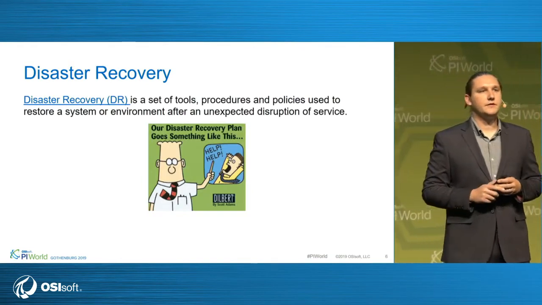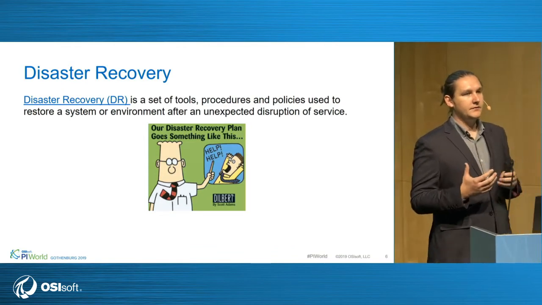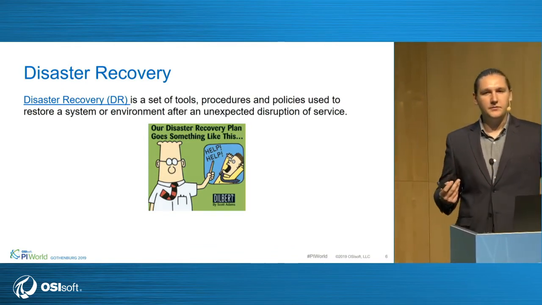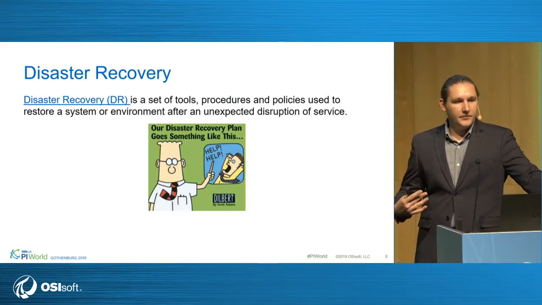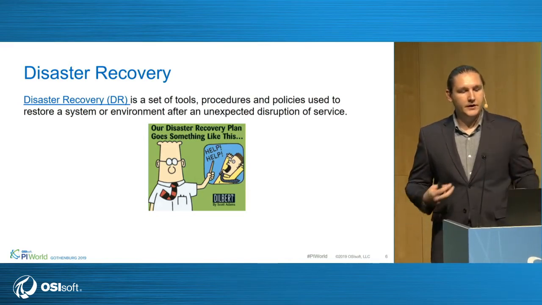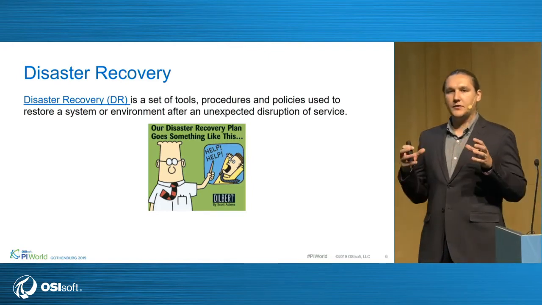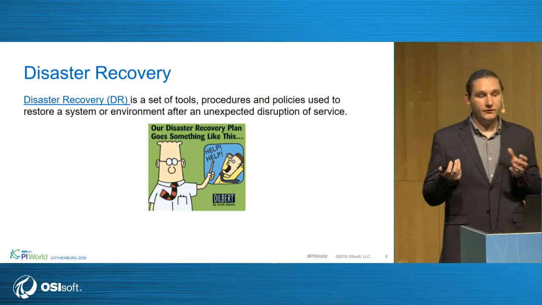Disaster recovery is a set of tools, policies, and techniques that are implemented in your organization to provide the set of rules, in case of unexpected disruption of servers, IT environment, or some kind of data disruption, for example.